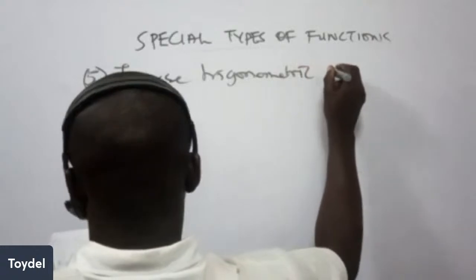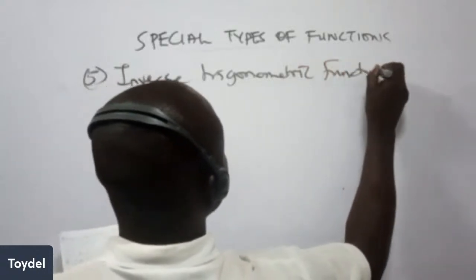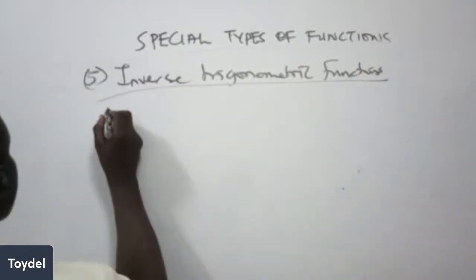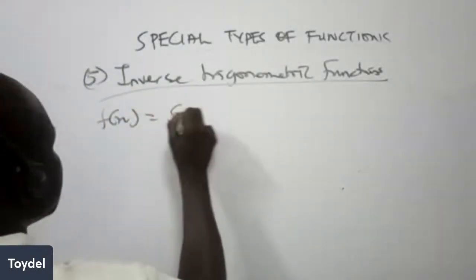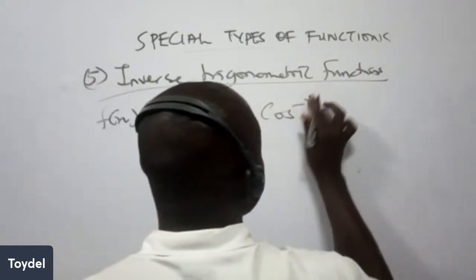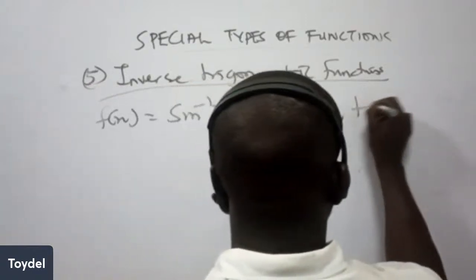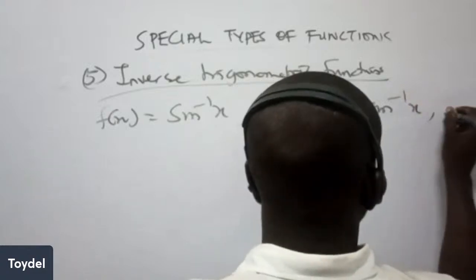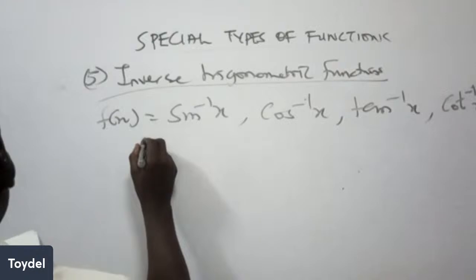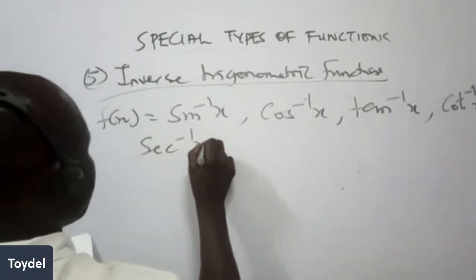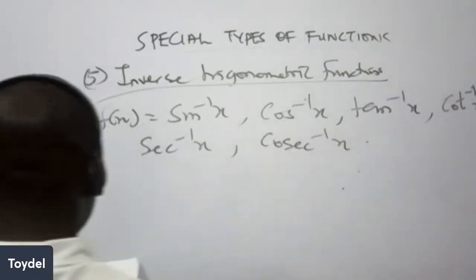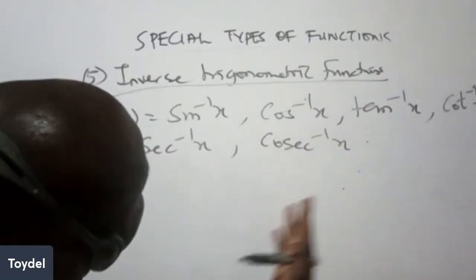For these, we have something of this nature: f of x equal to arc sine of x, arc cos of x, arc tan of x, arc cot of x, arc sec of x, and of course arc cosec of x. So these are inverse trigonometric functions.